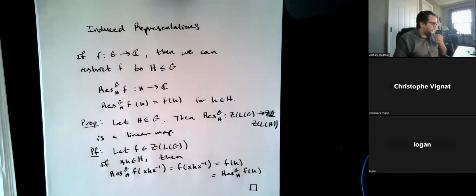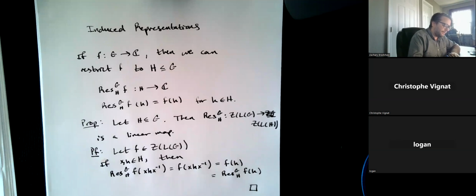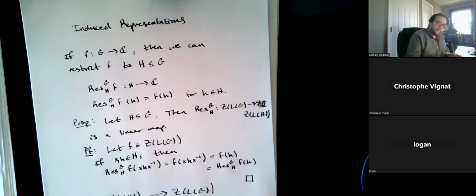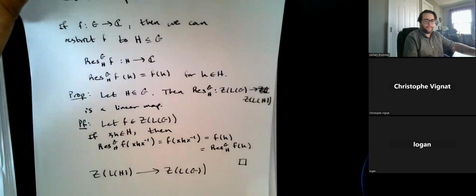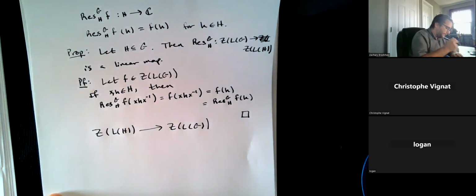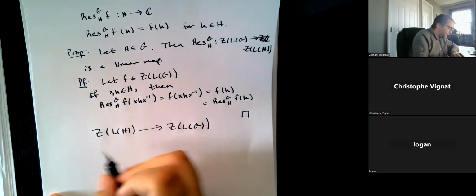Okay, so can we obtain a linear map that goes in the other direction? So can we obtain a map that takes a class function on H to a class function on G? Well, to do this, I'm going to give you a little notation.